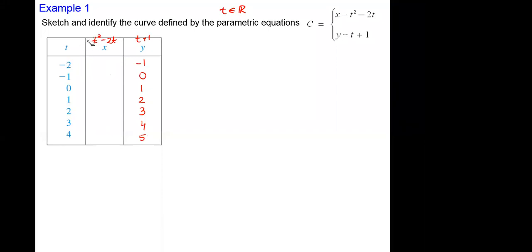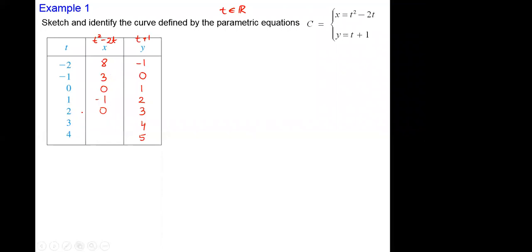Let's do x. -2 squared is 4 minus -2 times 2, actually 8. 1 plus 2, 3. 0 will give me 0. 1 minus 2, -1. 4 minus 4, 0 again. Okay. That we can see it's not a function. Because for 2 values of x, we have 2 different y values.